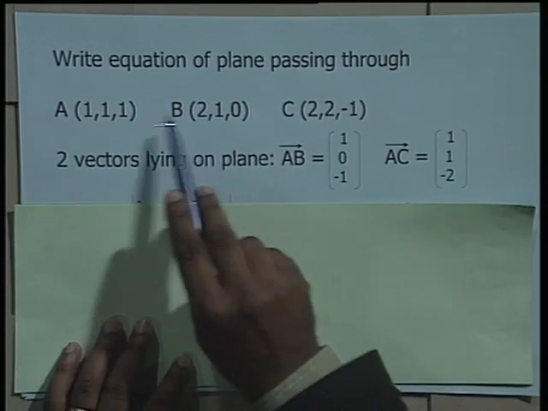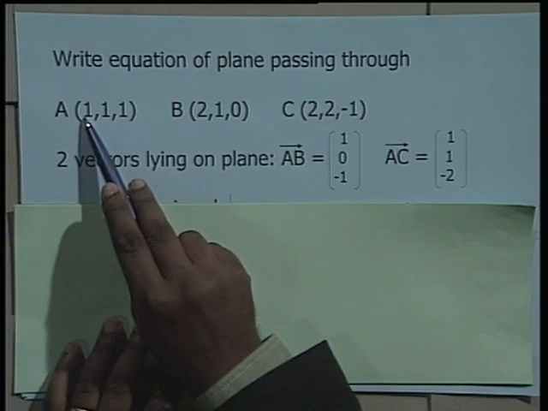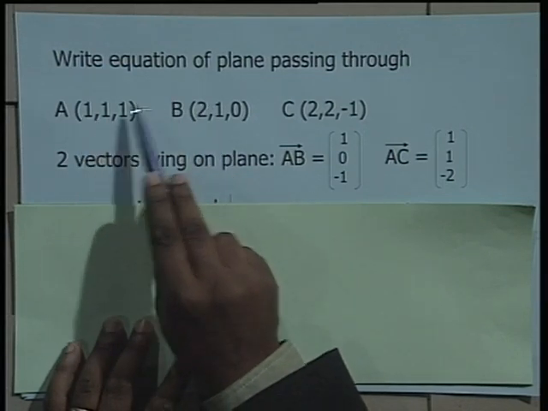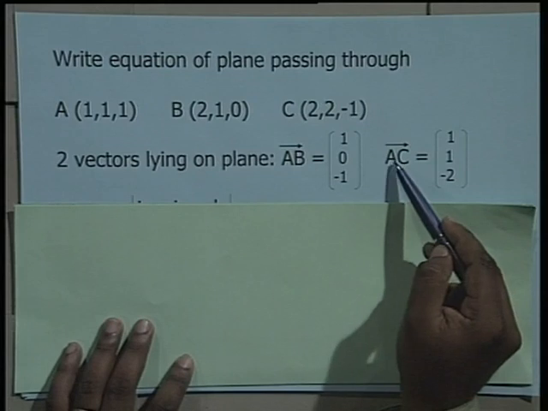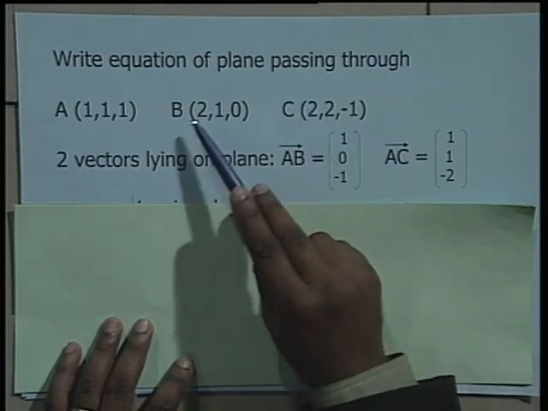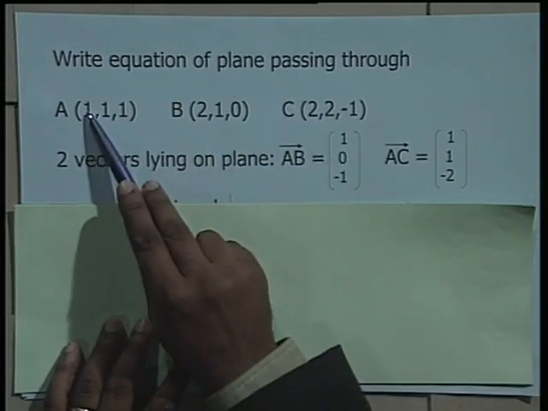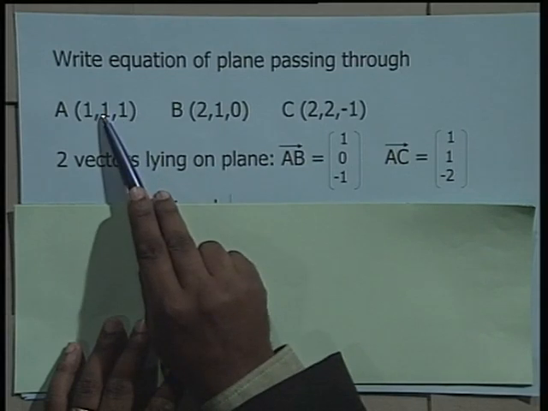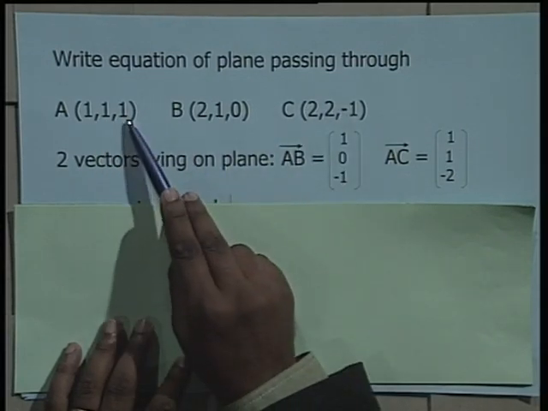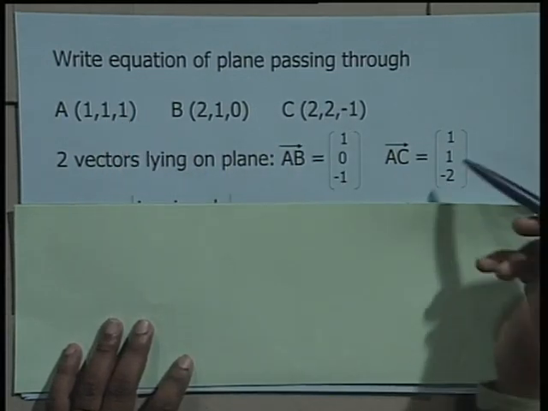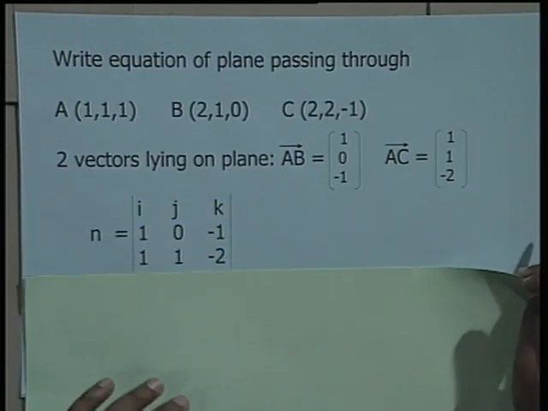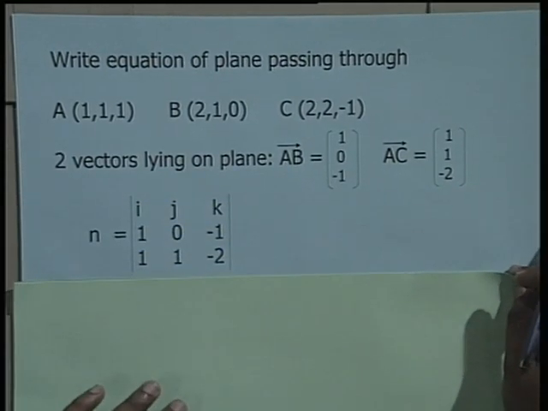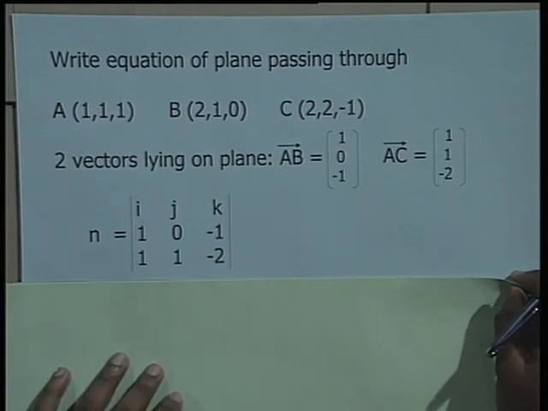Vector AB, which is B minus A: 2 minus 1, 1 minus 1, 0 minus 1. Vector AC, C minus A: 2 minus 1, 2 minus 1, minus 1 minus 1, which is 1, 1, minus 2. The next step would be to find the vector perpendicular to the plane ABC.